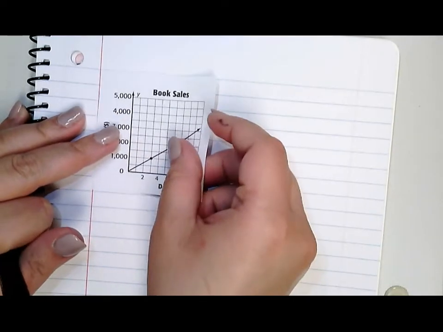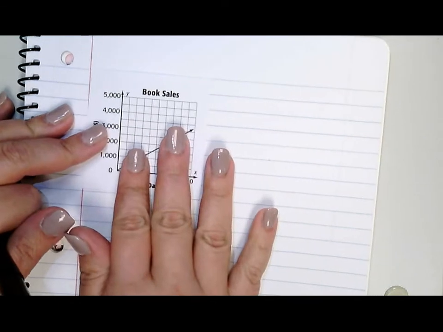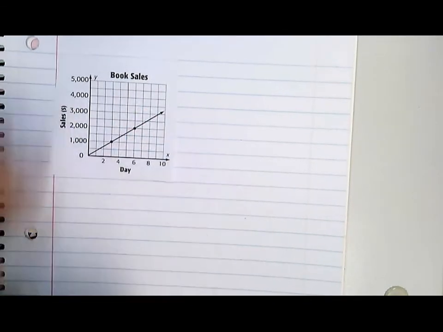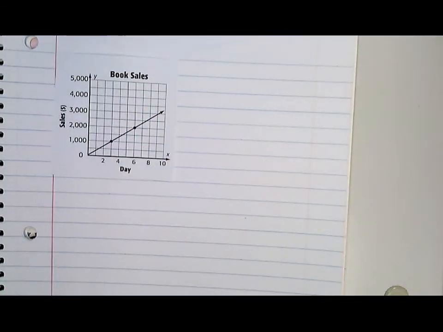All right, let's look at that book sales graph. So now that we're done with the tables, any questions on the tables? All right, so let's look at that first graph.